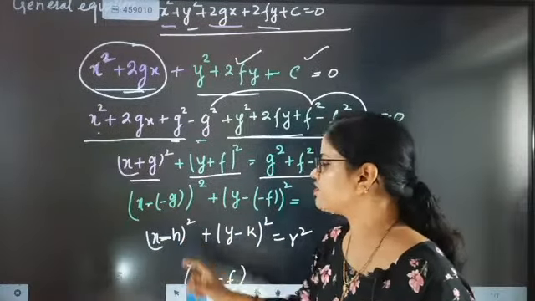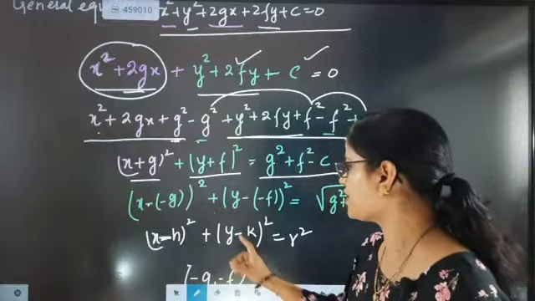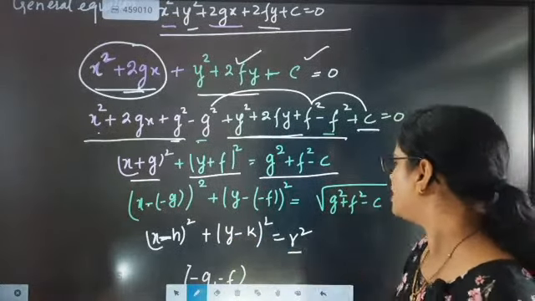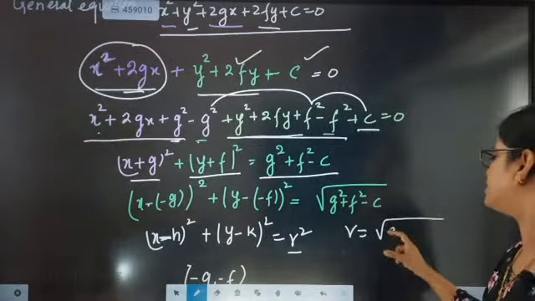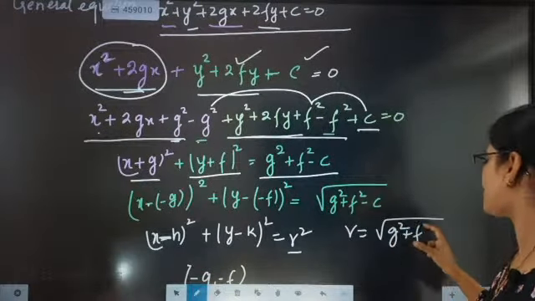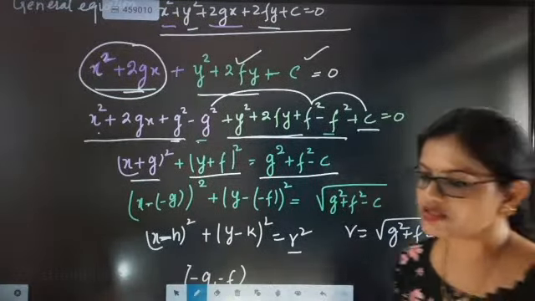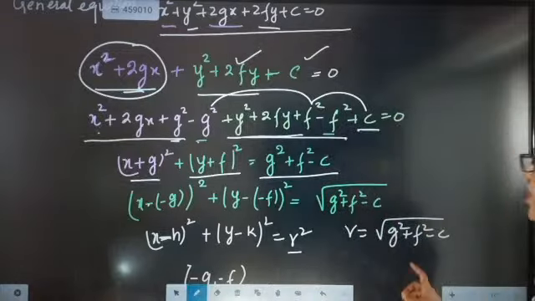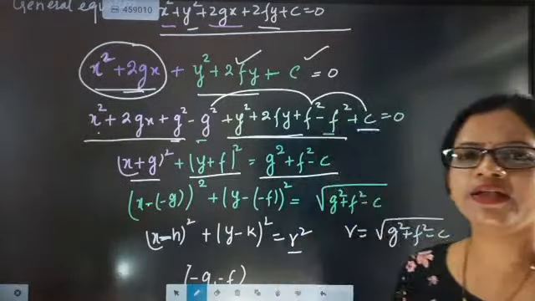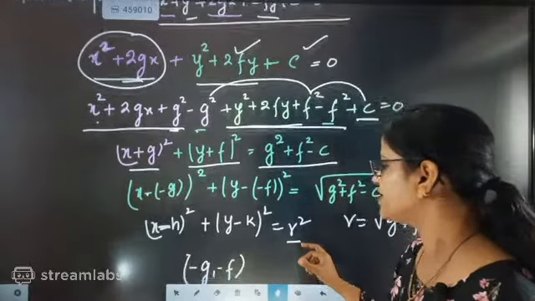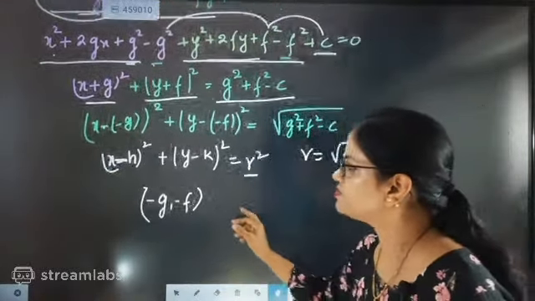So x minus h whole square, y minus k whole square, and r square is coming. So r is nothing but root under g square plus f square minus c, and the center is coming as minus g, minus f.